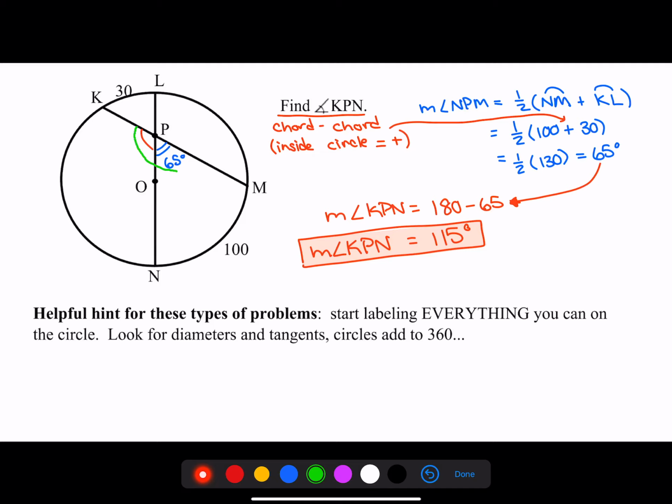From K through P into M, that creates a straight line for us. I know that there's 180 degrees in a straight line. So the measure of angle KPN, what we're trying to solve for, is equal to 180 minus 65, and that'll give me 115 degrees. So the measure of angle KPN is equal to 115 degrees.